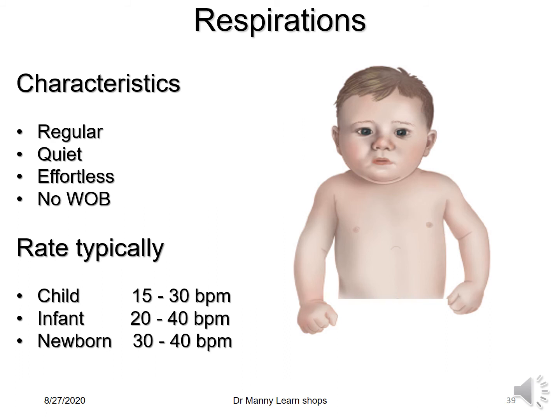You don't even have to think about it. Most of us are breathing and we don't even think about it. Rate of respirations, typically in a newborn, as we indicated in the pediatric assessment triangle and prior assessments, 30 to 40 for this classification. 20 to 40 in an infant, 15 to 30 in a child.